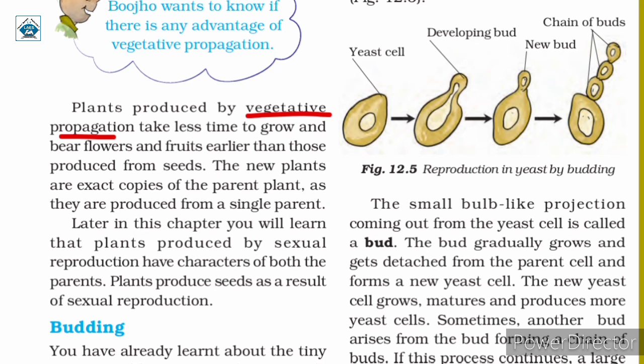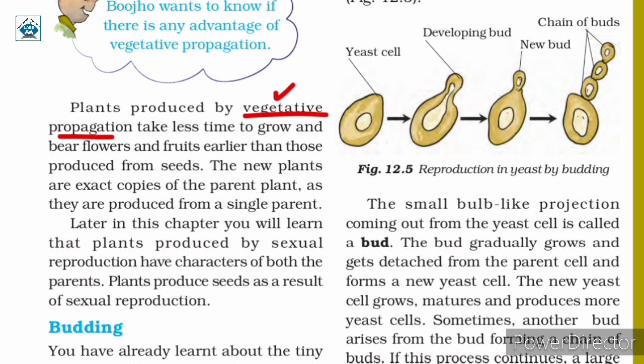The plants that are produced with vegetative propagation grow faster than those produced with sexual reproduction. The plants produced with vegetative reproduction have fruits and flowers ahead of time, that is, earlier. The plants that are produced have exactly the same characteristics as their parent plants because they only have a single parent.